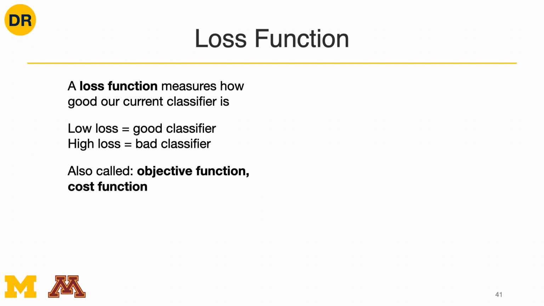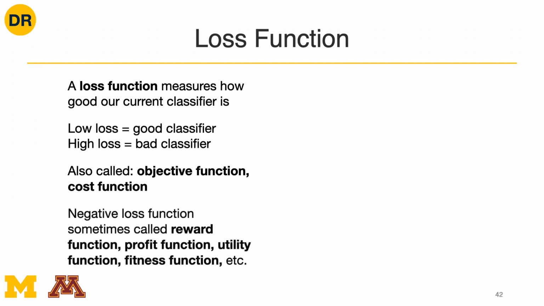There are many names to this, so you can call this objective function or cost function. And I think in reinforcement learning scenarios, we generally think about the negative of the loss function, which is often called reward functions, profit functions, utility functions, and so forth. So there are different ways to look at this particular function.